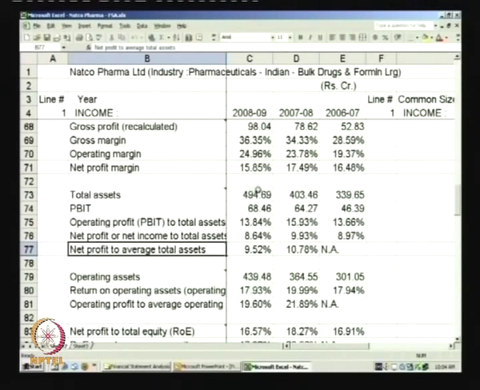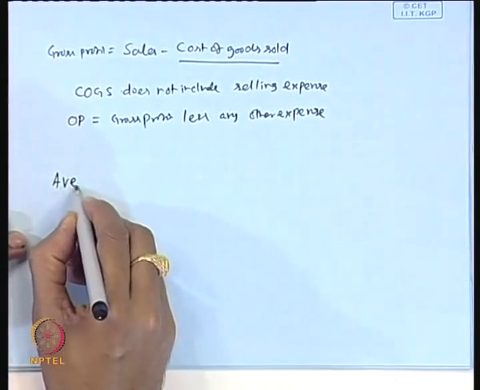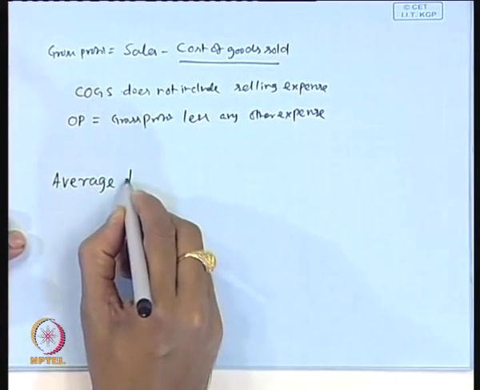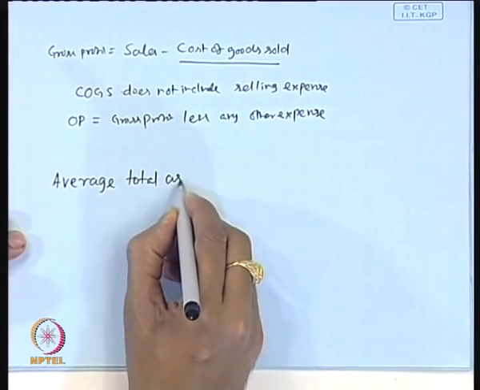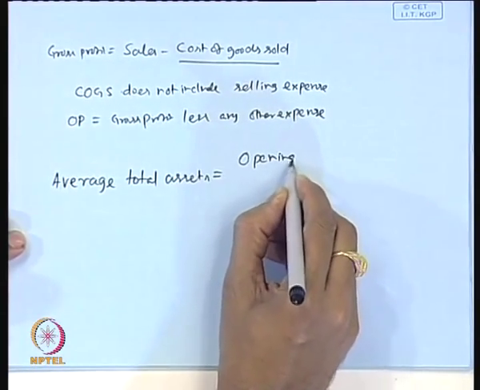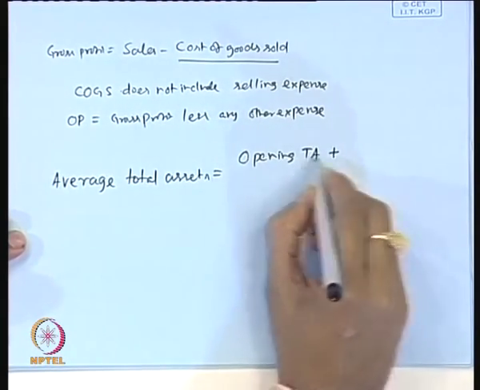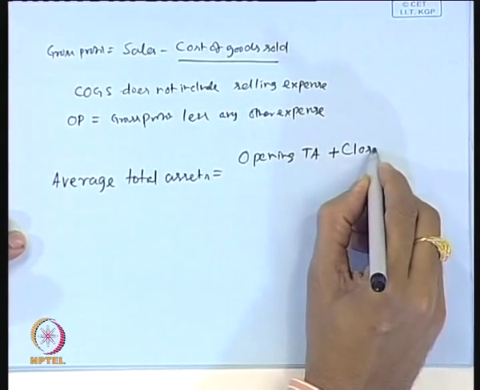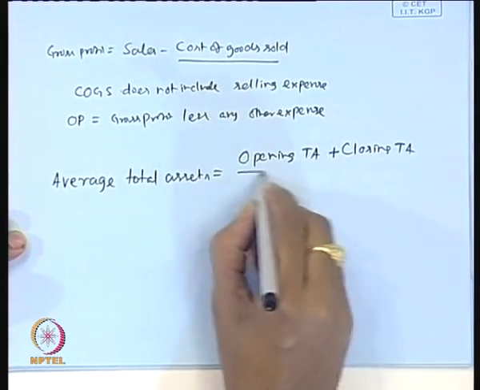Another way that is discussed is net profit to average total assets. Instead of taking the total assets of the latest year, that is closing total assets, one can also look at the average total assets, which is the total assets in the beginning of the year, the opening total assets, which is nothing but the closing of the previous year, plus the closing total assets, divided by 2.